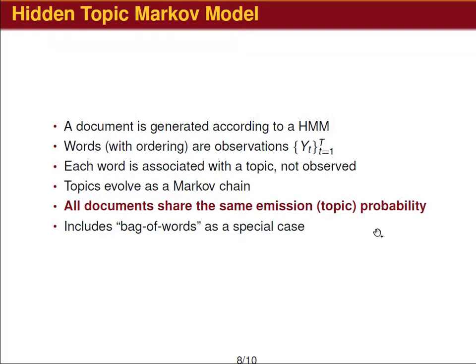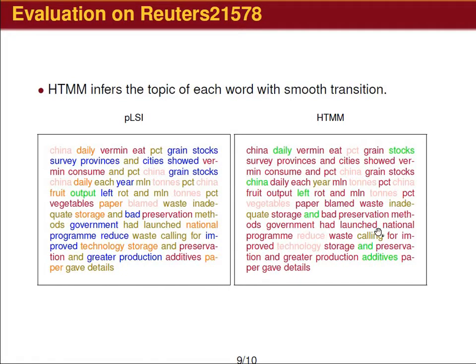Now, one of the main advantages of using a hidden Markov model to model a document is that each word is associated with a topic, and we would expect that the topic evolution does not change rapidly in a document.